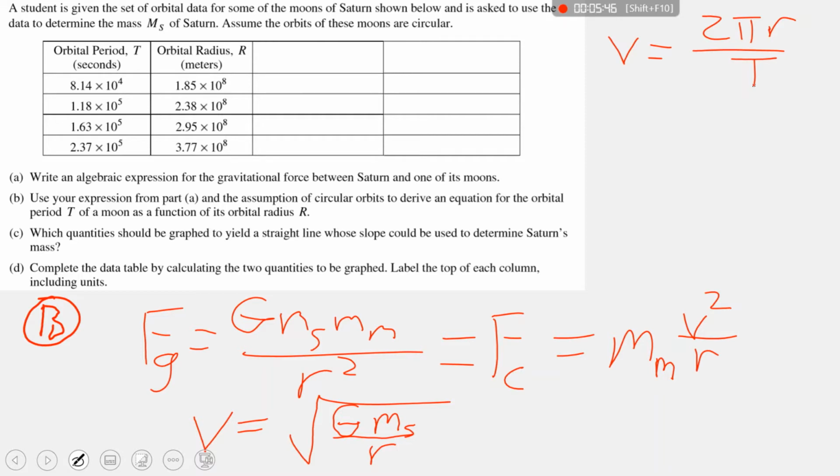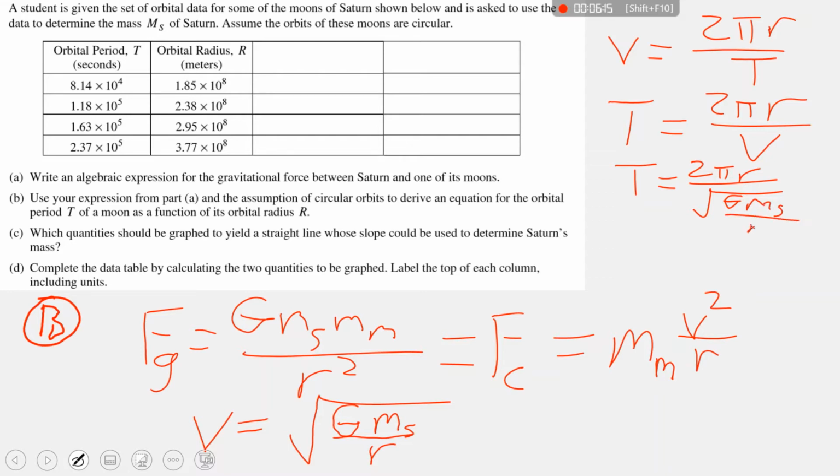Okay, and then our goal is to solve for the orbital period. So I'm going to throw that over here before I substitute. This is T is equal to 2 pi r over v. And then we can substitute. So T is 2 pi r over the square root of capital G M_s over r.